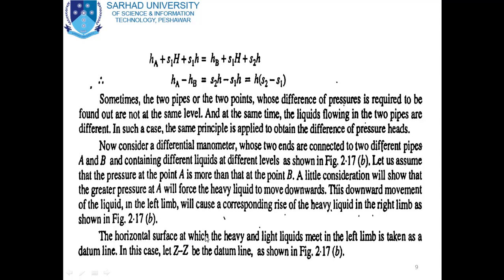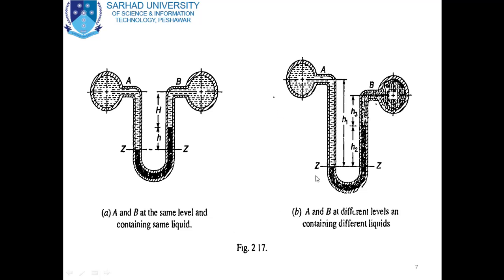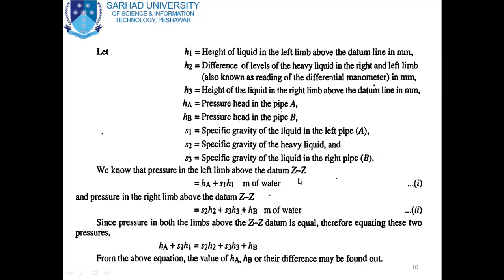The horizontal surface at which the heavy and light liquid meet in the left limb is taken as the datum line. In this case, let ZZ be the datum line as shown in figure 2.17b. Let H1 be the height of liquid in the left limb above the datum line in mm, H2 the difference of levels of the heavy liquid in the right limb and left limb as shown in the figure, also known as the reading of the differential manometer in mm, and H3 the height of the liquid in the right limb above the datum line in mm.